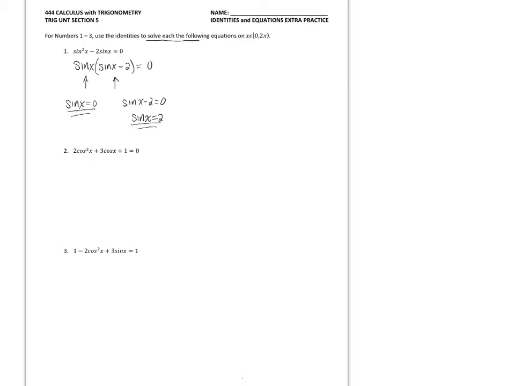For the sine of x to equal 0, we can look at our basic coordinate plane, and we look at (1, 0), (0, 1), (negative 1, 0), and (0, negative 1). And we can say, all right, where is our sine value 0? And our sine, of course, goes with y. So we're looking at the y coordinates. So we can see a y coordinate of 0 here and there. And those two angles, of course, are 0 and pi.